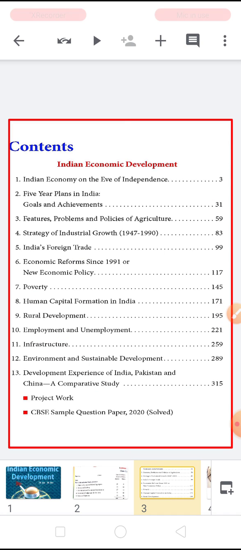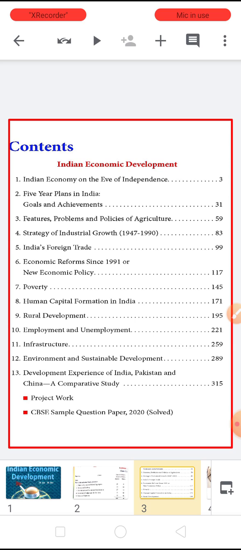These are the chapters we are going to learn in Indian Economic Development. The first chapter is Indian economy on the eve of independence. This chapter will help you understand the various phases of development in the Indian economy. Second is five-year plans in India, that is goals and achievements.